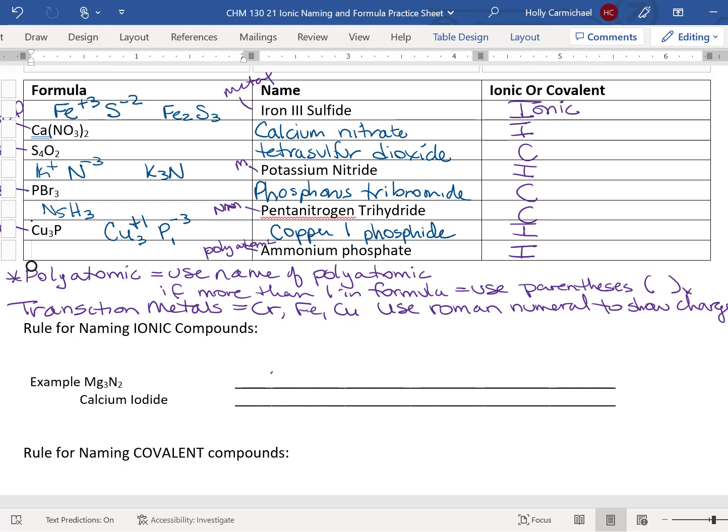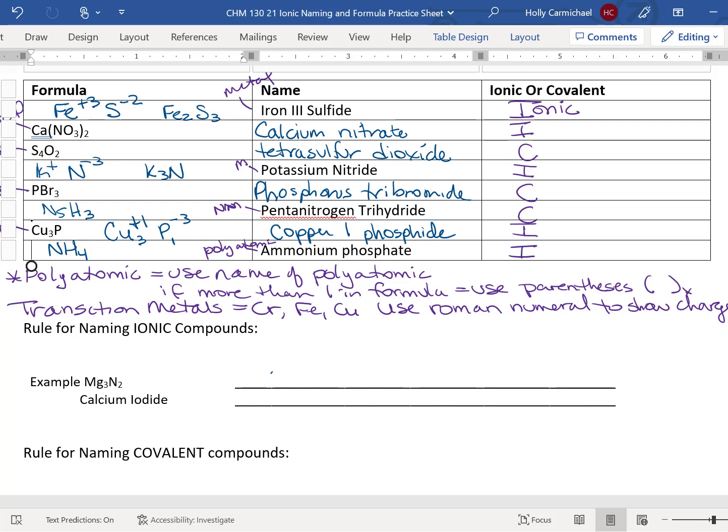Okay, and then the last one. The last one's ammonium phosphate. So you've got to look at the polyatomics. Ammonium is what? It's NH4, and has what charge? It's one of the 7.